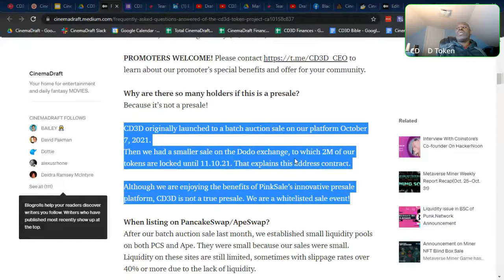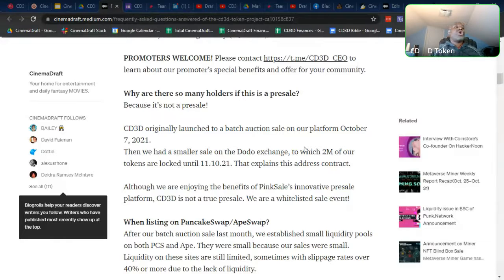That also explains some of the larger wallets on contract with the Dodo exchange. They're holding on to our 2 million tokens that we put up. They'll be holding on to our tokens until our ICO token pool for us to go ahead and sell again.